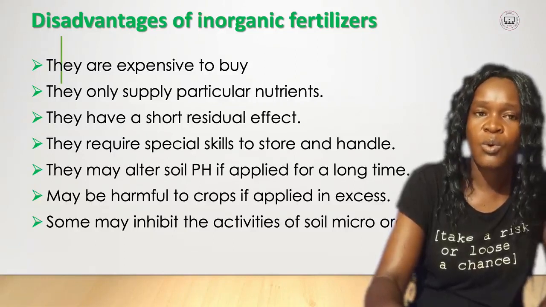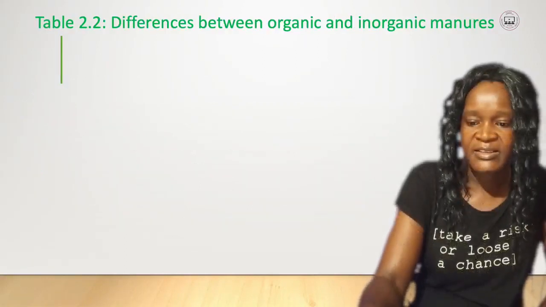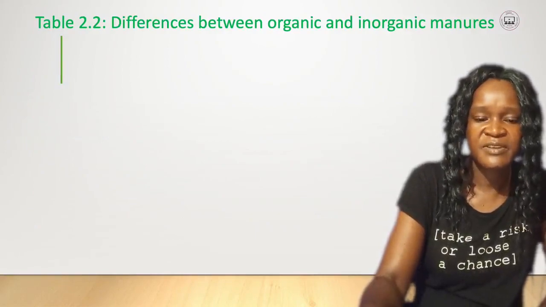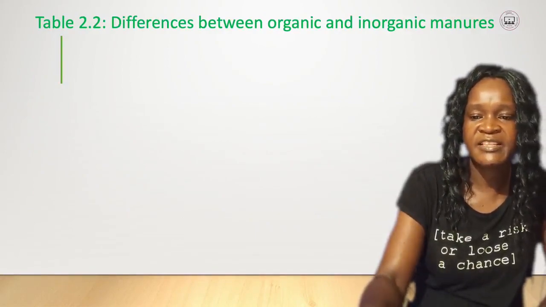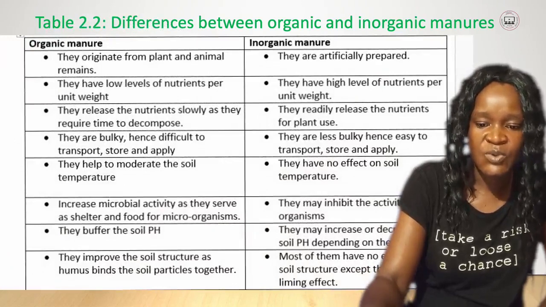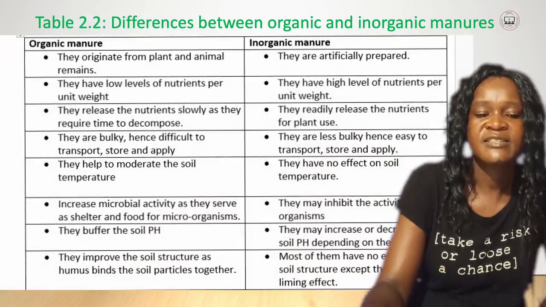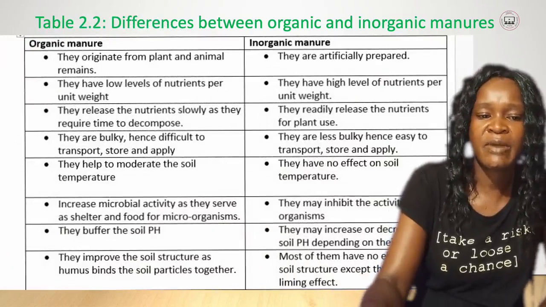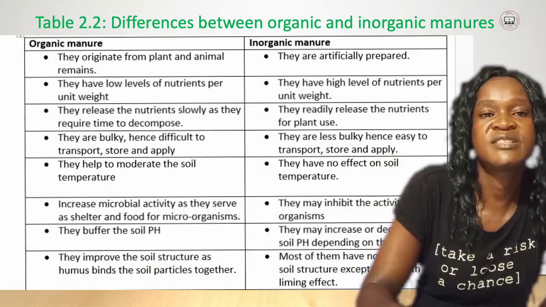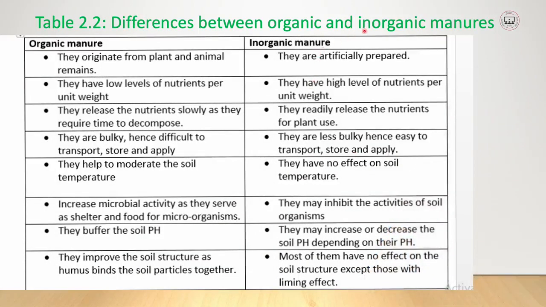environment for microorganisms. Let us now take note of the differences between organic and inorganic manure. Out of what we have discussed, we can make a short summary of the difference between organic and inorganic manures.